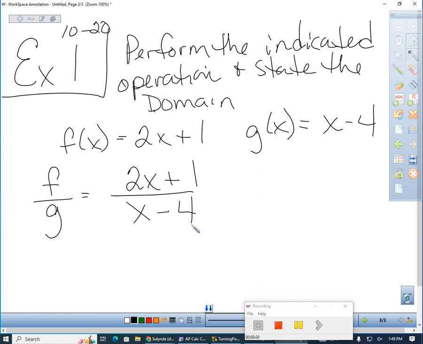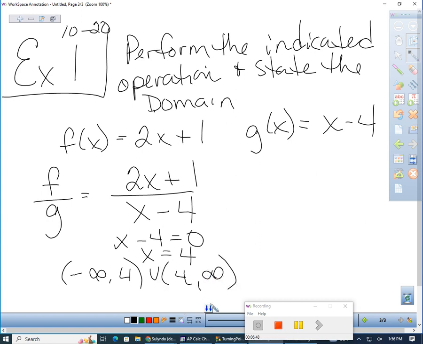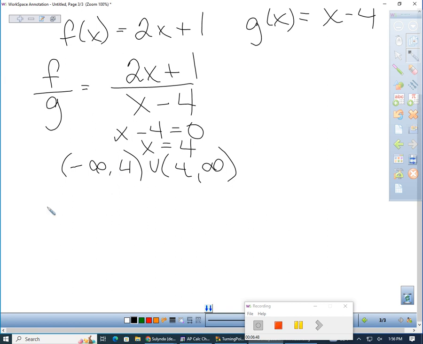Since I said yes, I take my denominator, set it equal to 0, and solve. So I get x equals 4. So for my domain, it is negative infinity to 4, union 4 to infinity. Okay? I'm going to save those two. Let's do another one.